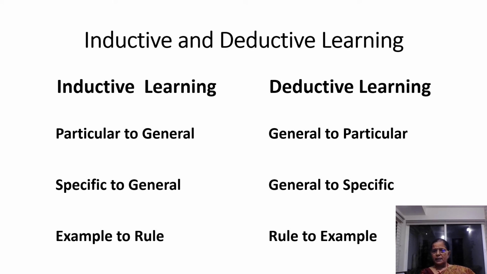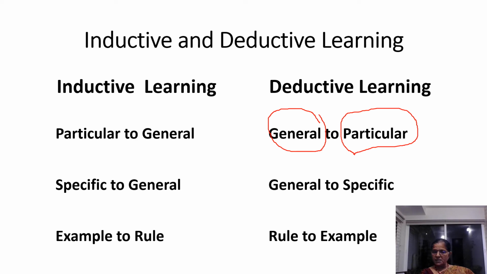And inductive learning is from particular to general. You teach them first the particular, the specific, then go to the general topic. Or first tell them the example, then go to the rule. And then the deductive learning is just the opposite of inductive learning, where you talk about the general phenomena first, then you teach them the particular point.